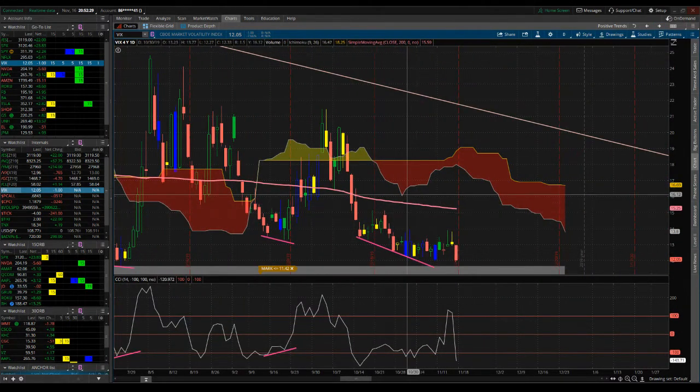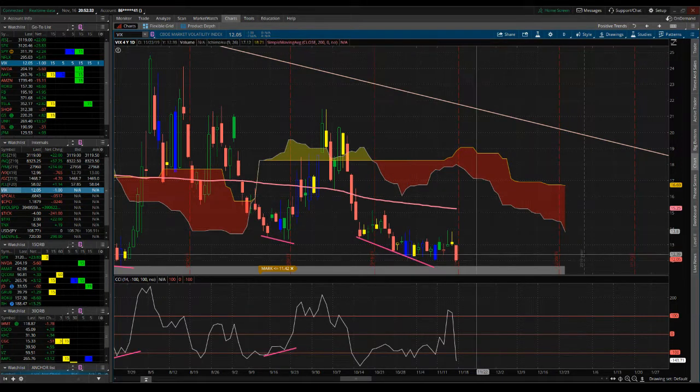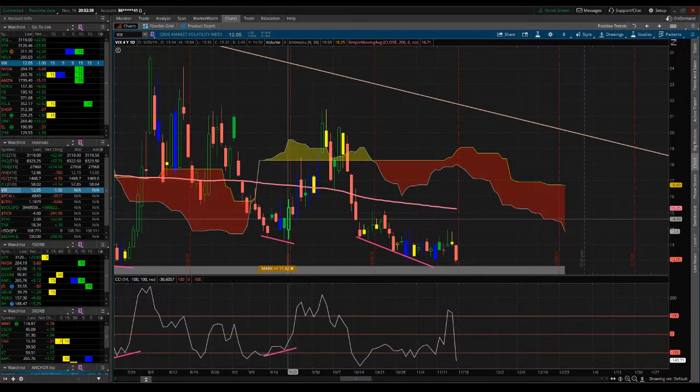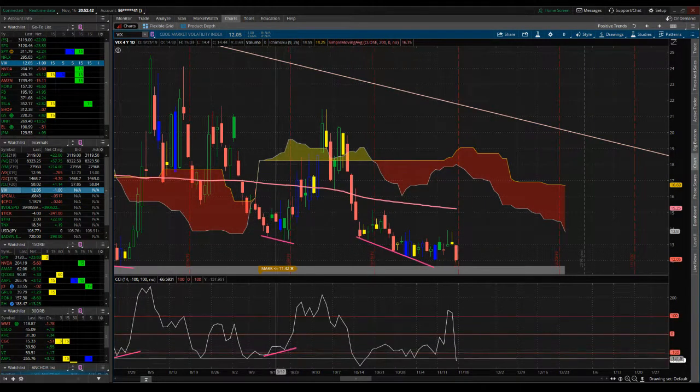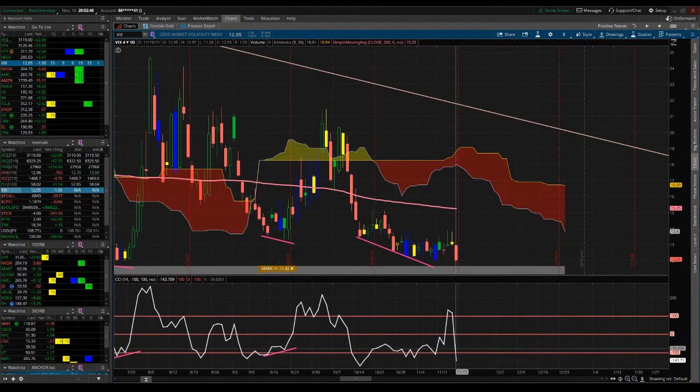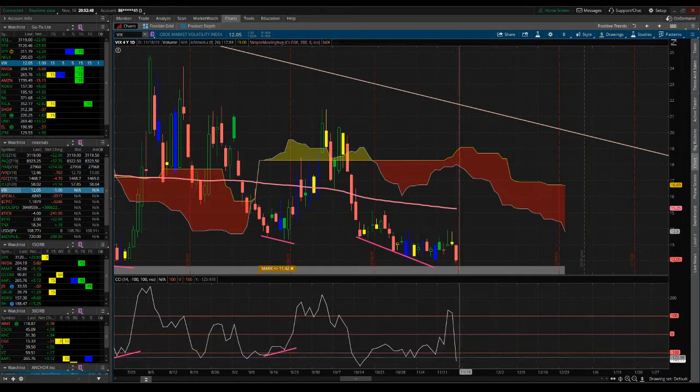Guys, another signal for us to go short on the market is when the VIX gives us these bullish signals, right? Like a bullish candle, like a nice hollow candle. I want to see bullish divergence here, that type of stuff. So we're getting to the point now where we could possibly get some bullish divergence. We just have to see how this CCI behaves at these levels. That's going to be important on the VIX.